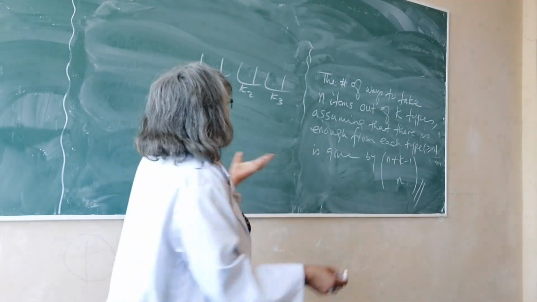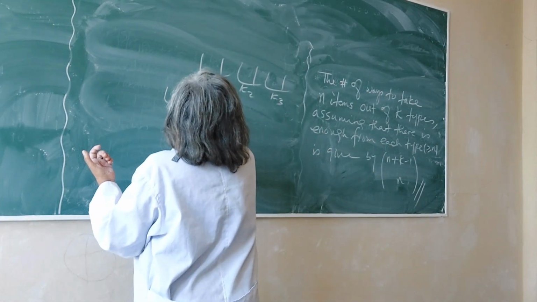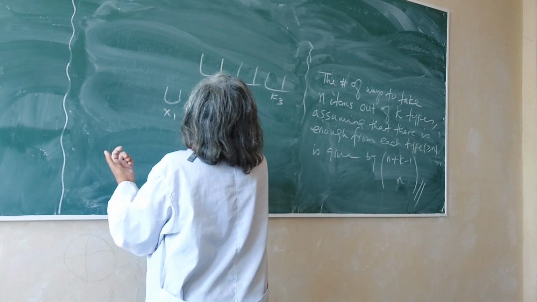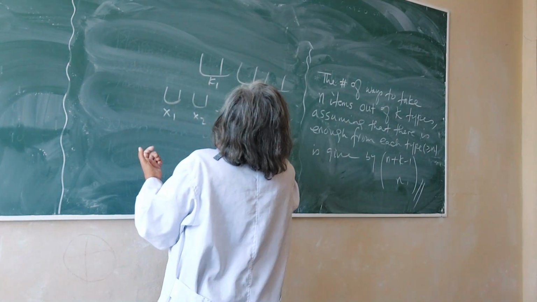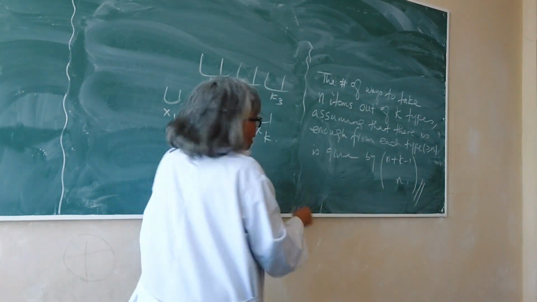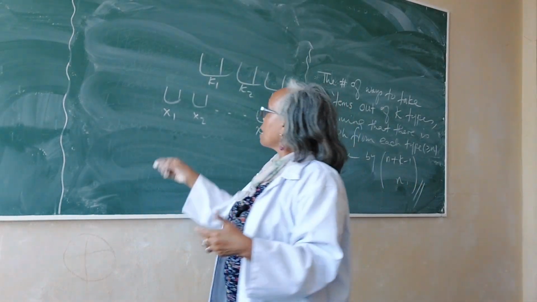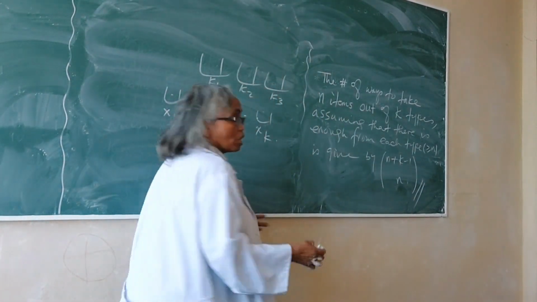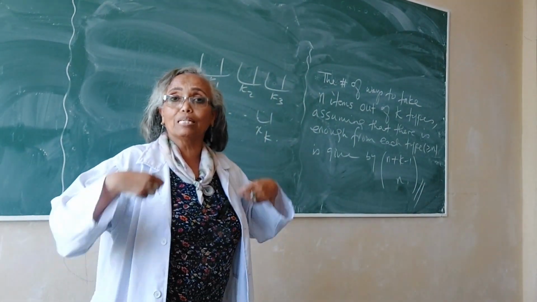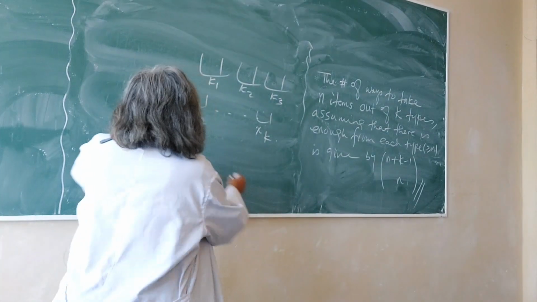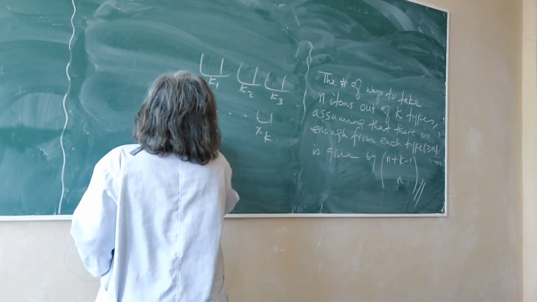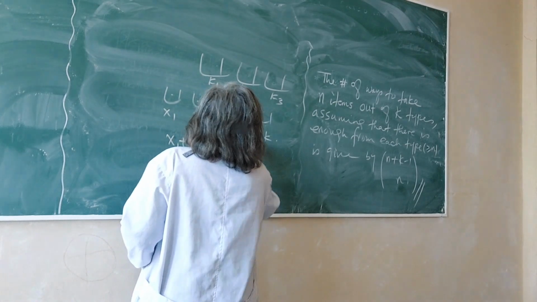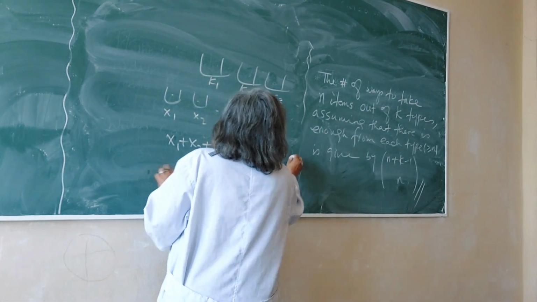That means, say these are x1, x2, up to xk, suppose we have k boxes, the sum of all of these should be equal to n, whether I distribute it or collect it. So x1 plus x2 plus up to xk is equal to n.